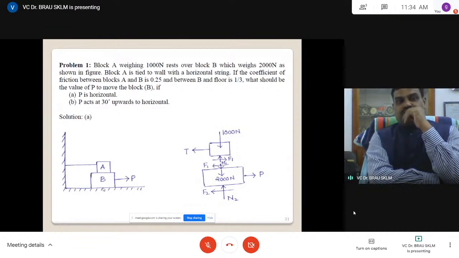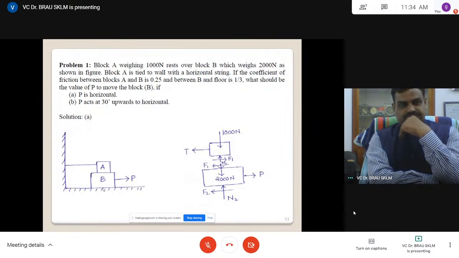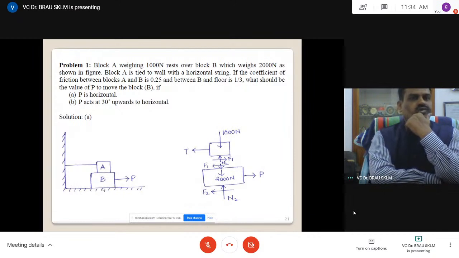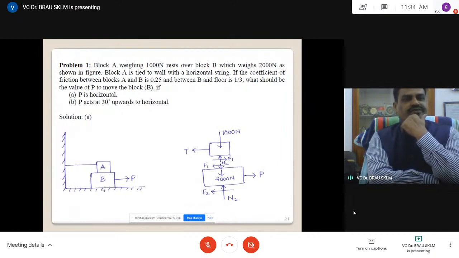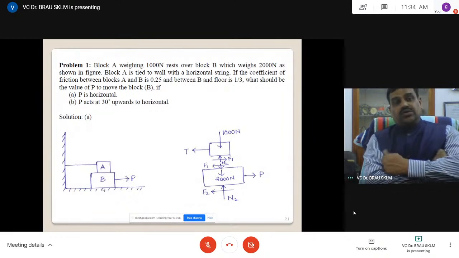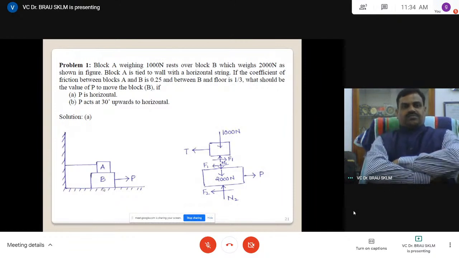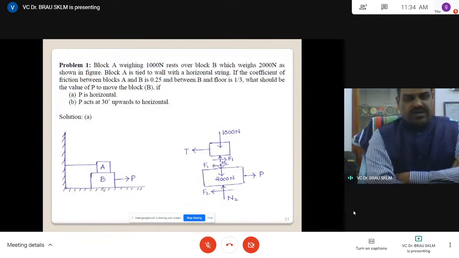If the coefficient of friction between blocks A and B is 0.25 and between B and the floor is 1/3, that is 0.3333, what should be the value of P to move the block B, in the 2 cases?